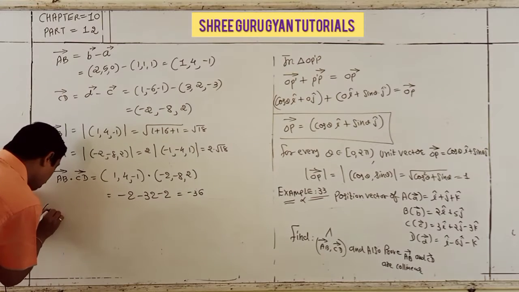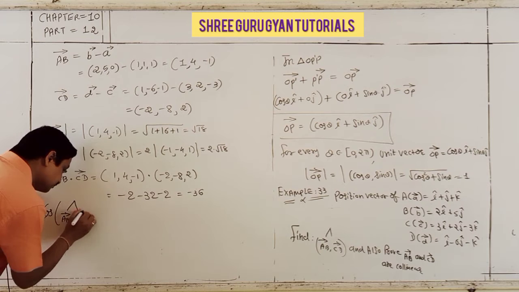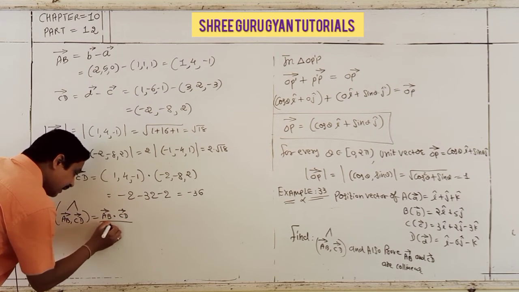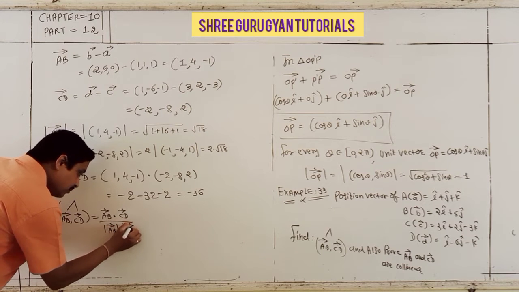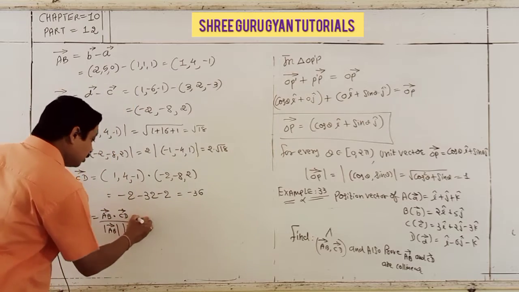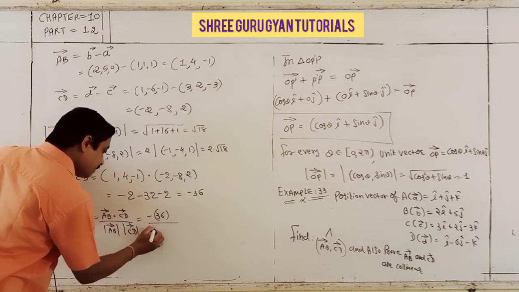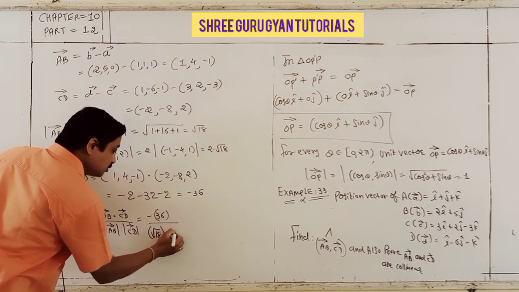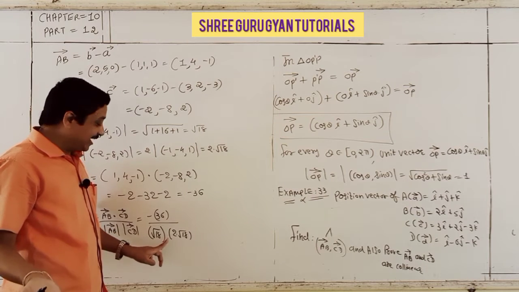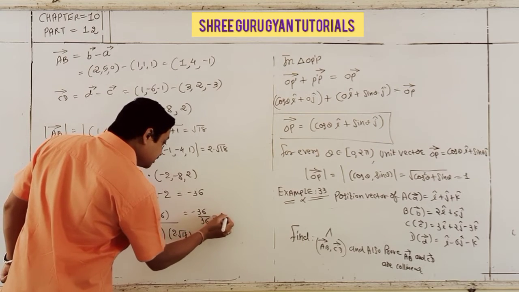So now the cos of the angle between AB and CD is AB dot CD divided by magnitude AB times magnitude CD. The dot is clearly minus 36, the magnitude of AB is root 18, and CD is 2 root 18. Root 18 times root 18 is 18, 18 times 2 is 36, so minus 36 by 36 is minus 1.